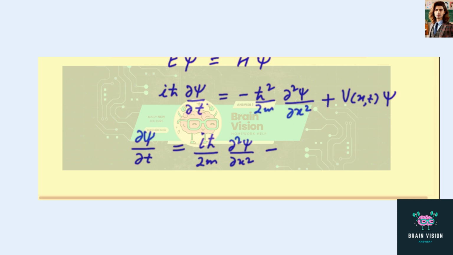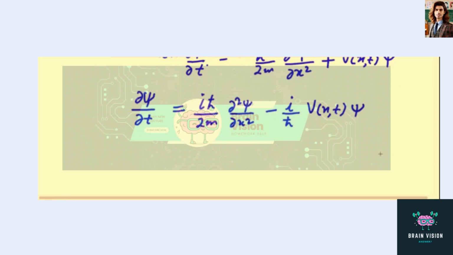If I multiply by i on the numerator and the denominator, then it will be minus i by h bar V(x,t) psi. So this is the Schrodinger equation when we don't add any constant into the potential energy. So this is equation number 1.